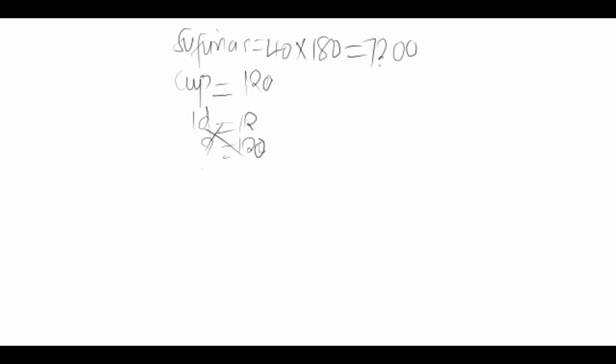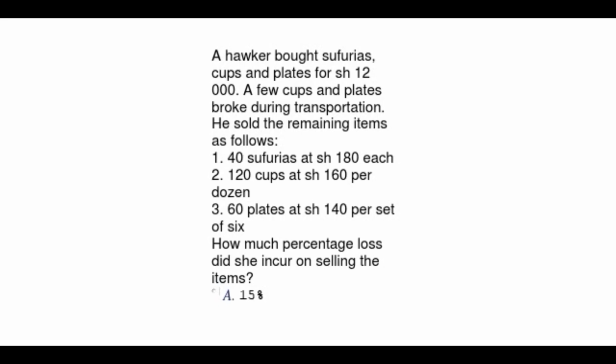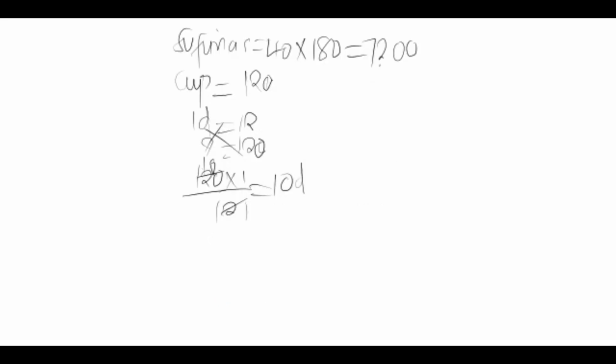So 120 times 1 over 12, this gives us 10. So we have 10 dozens, and 1 dozen is equal to 160 shillings. What about 10 dozens will give us what?